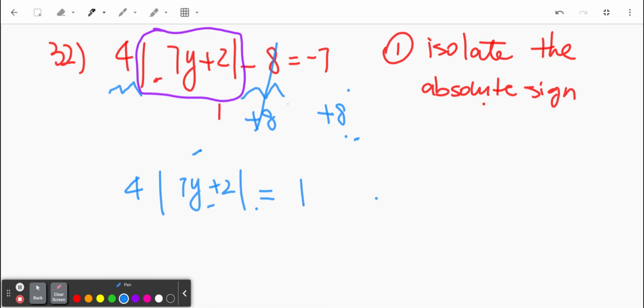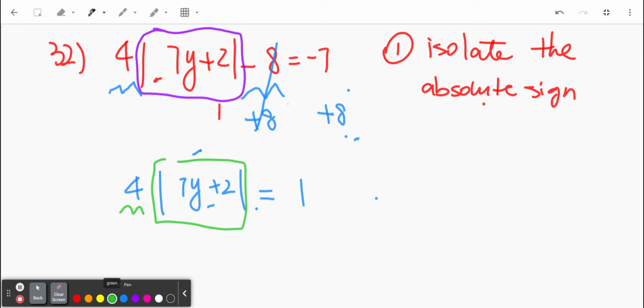So, next, what do we need to get rid of besides the absolute sign? What number do we need to get rid of now? The 4. By doing what, Marcus? Subtracting? What is 4 doing to the absolute sign? So the absolute sign is counted as parentheses. So 4 next to parentheses, 4 is doing what? Multiply.